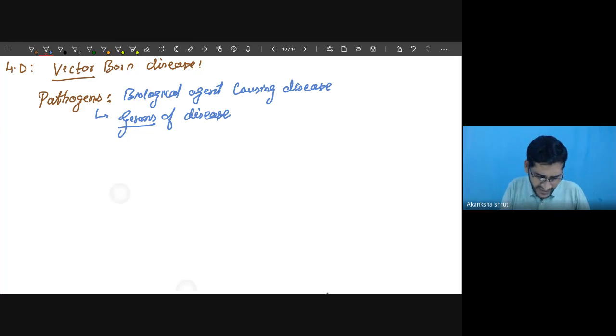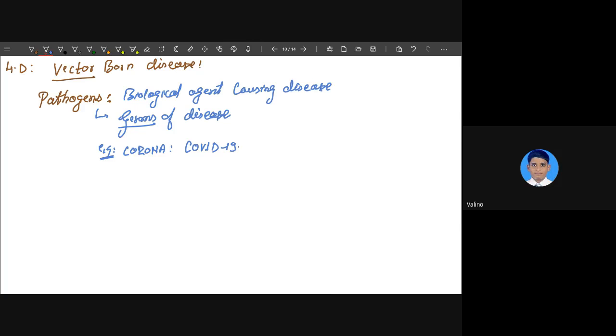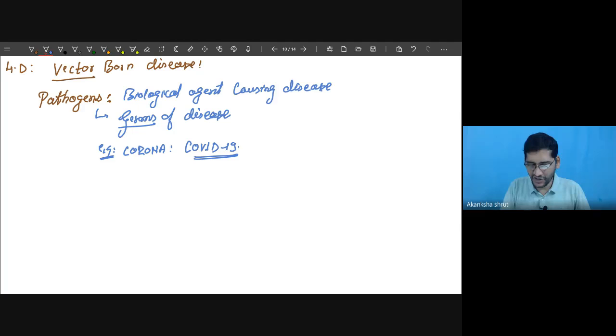Okay, student? Example, just right now there is an outbreak of corona. Corona is a disease, but this occurs by the virus or the germs of the corona, what is that? Yes, student, for corona, what is the germ? It is your COVID-19. Okay, this is the germ.